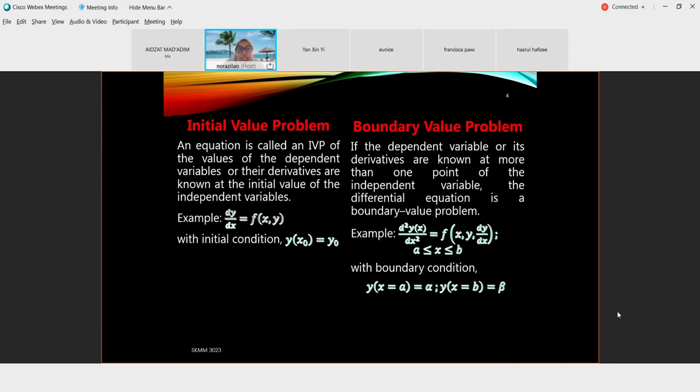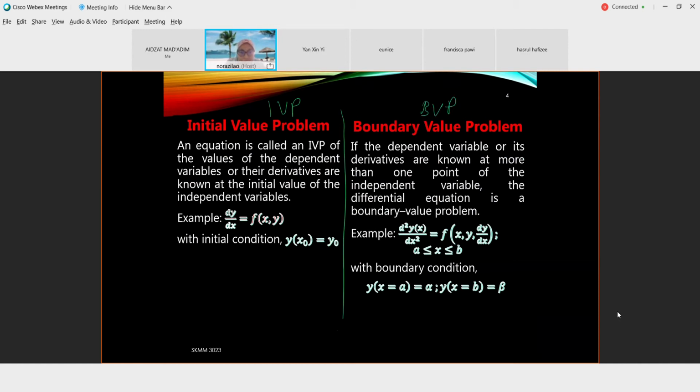Initial value problem and boundary value problem. These are two topics. How can we identify this is IVP and this is BVP?